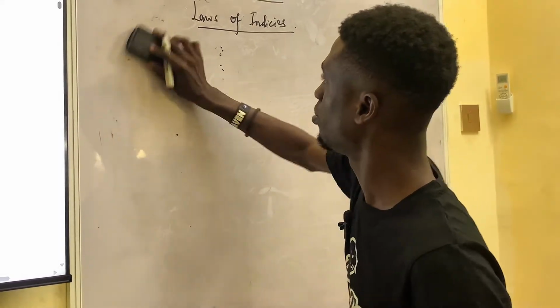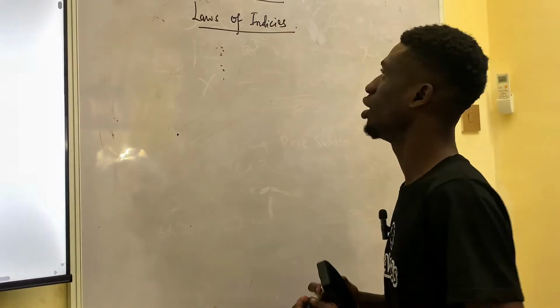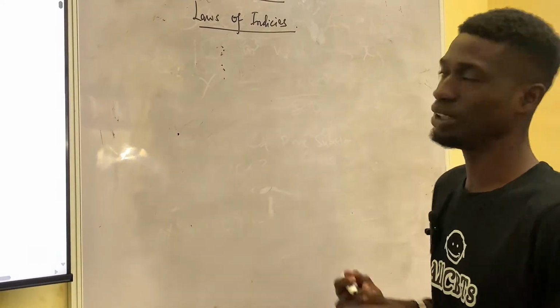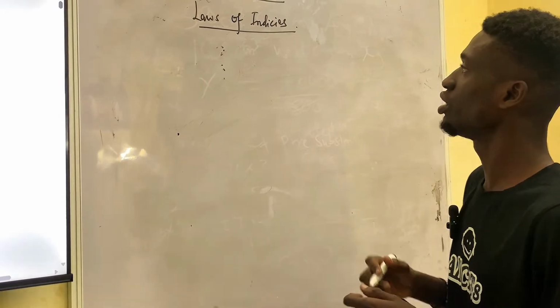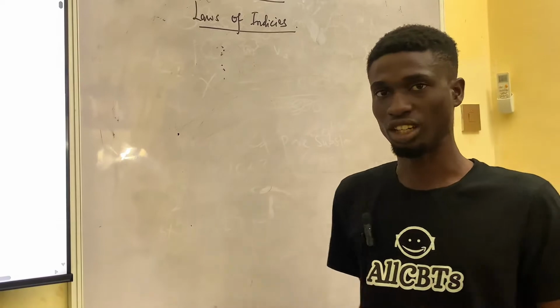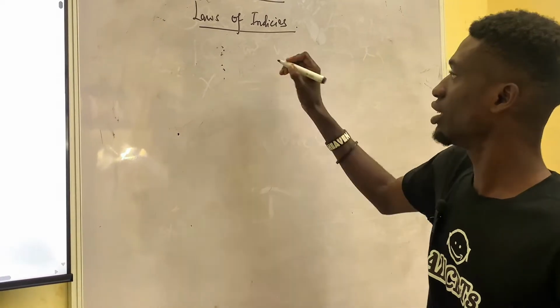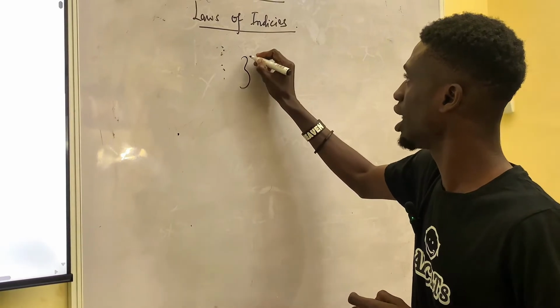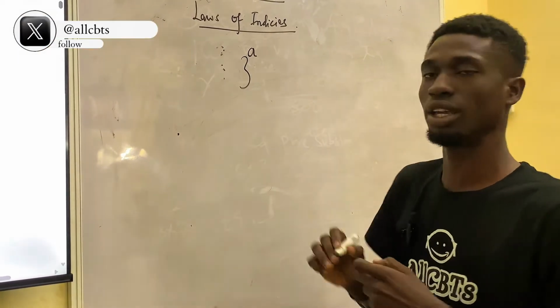Before going to the laws, let's explain what indices simply means. Indices means the number your base is multiplied by itself. This index is going to be in this form. You have something like 3 raised to power a.